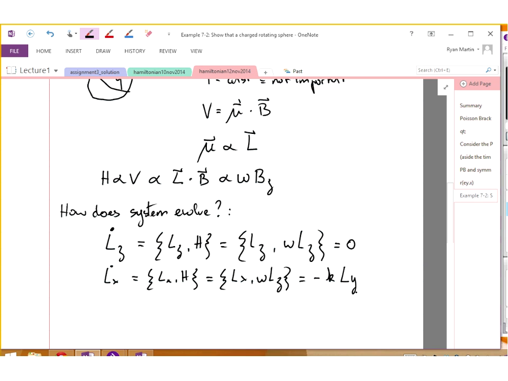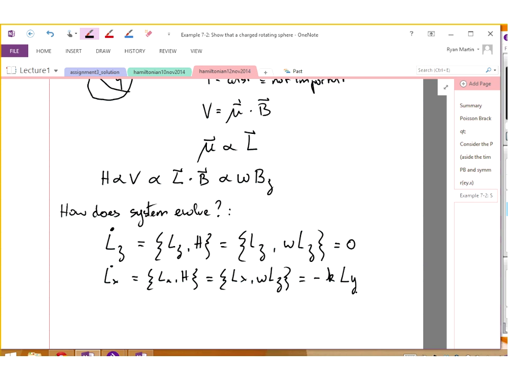We just did an example where we looked at taking the Poisson bracket of some quantity with the z component of angular momentum, and we found that that was equal to the coefficient of a rotation.